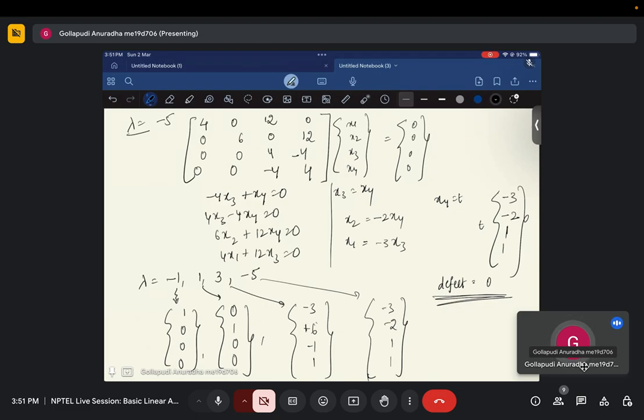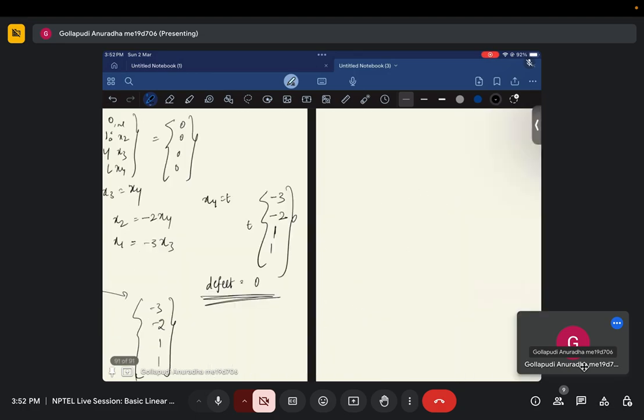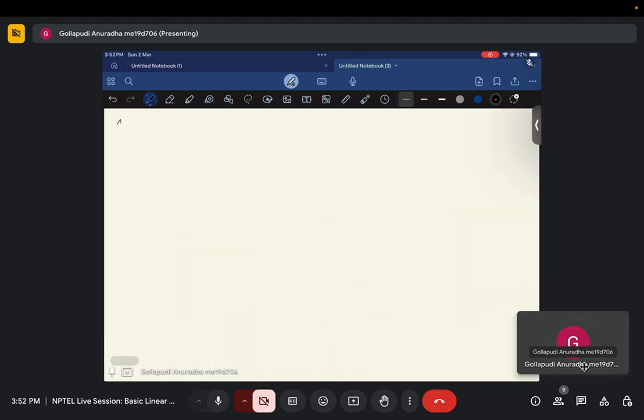If all the eigenvalues are different, will the matrix be diagonalizable if and only if all the eigenvalues are different? For diagonalizable, it is not necessarily true.